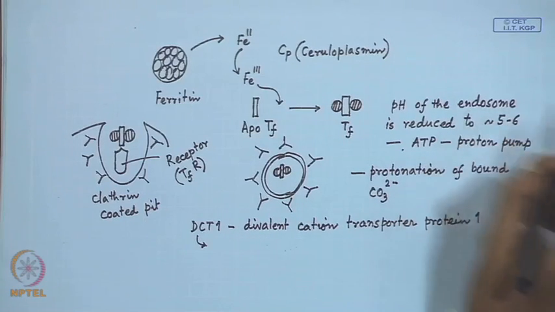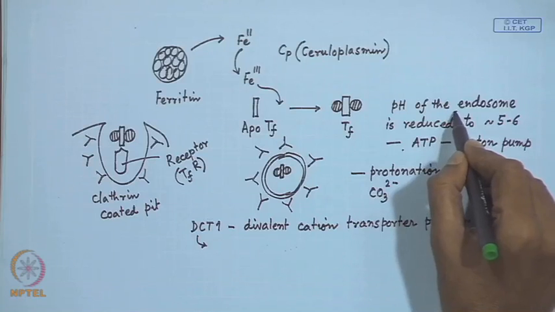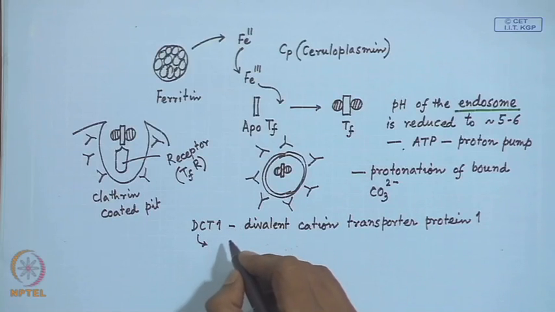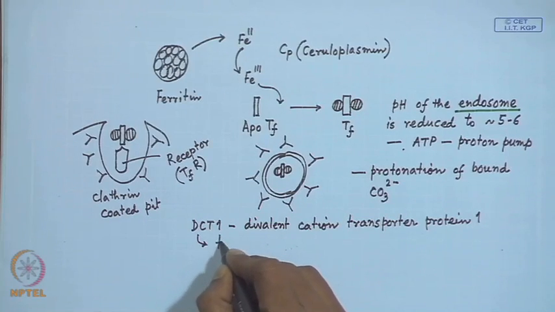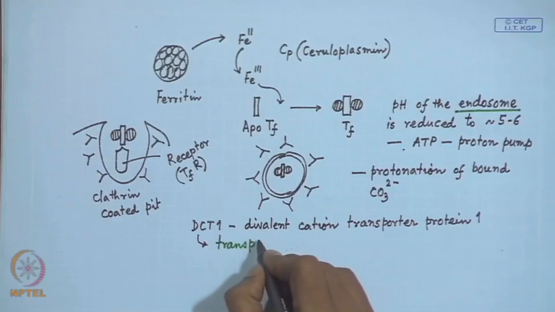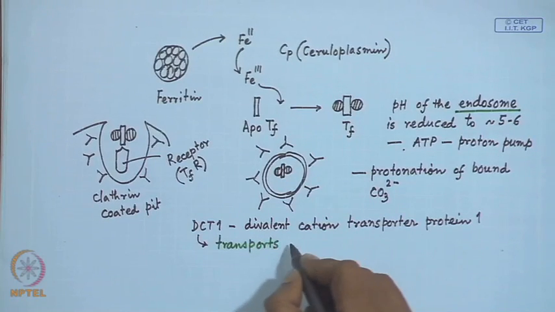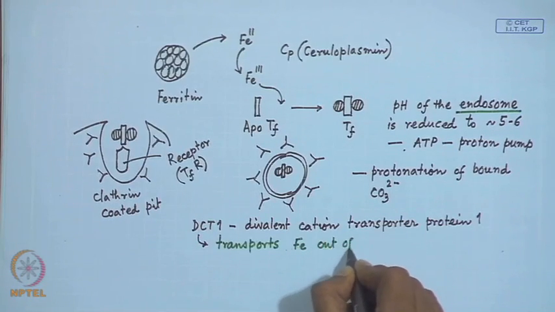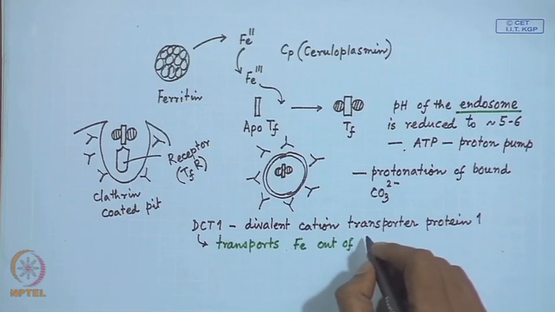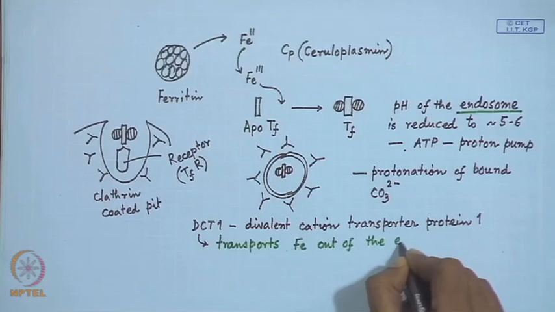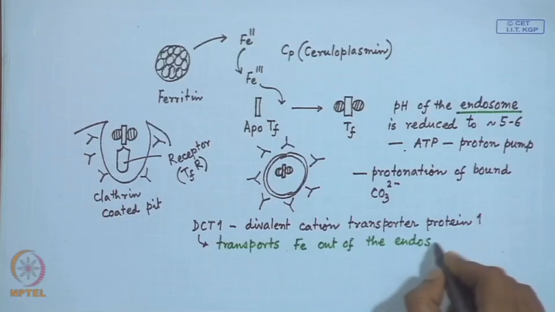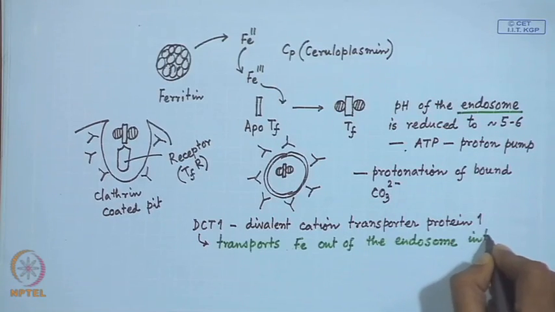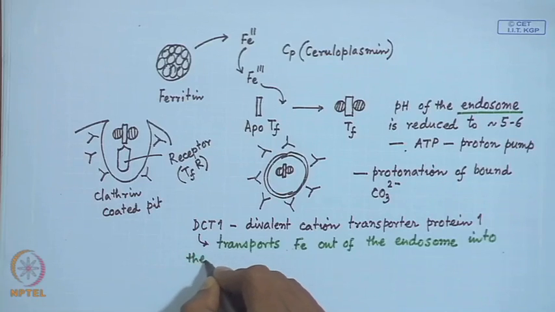So, endosome was there. These are not very complex biological terms, but you should all know now that this particular DCT molecule then transports iron out, once the carbonate is getting protonated, out of the endosome into the cytoplasm.